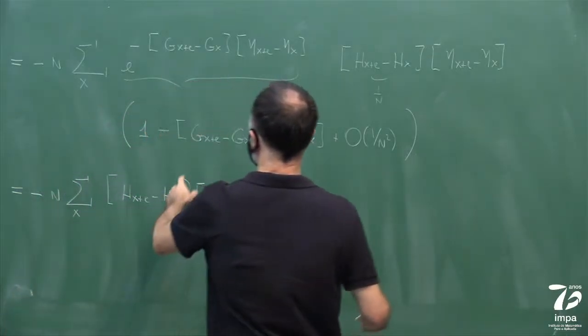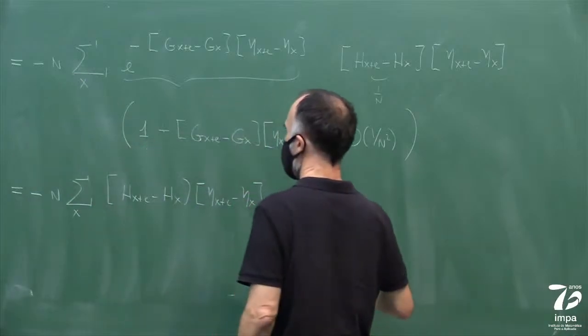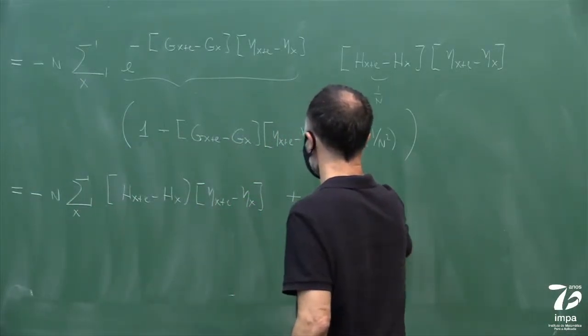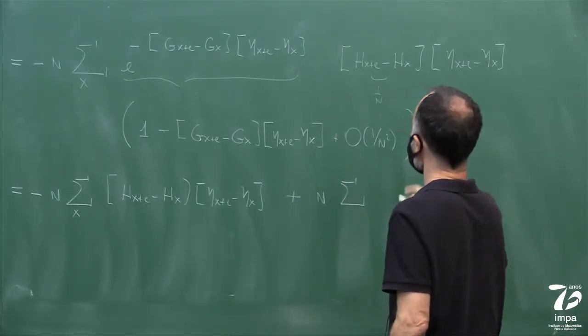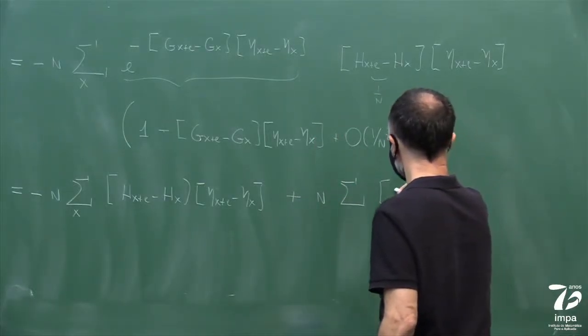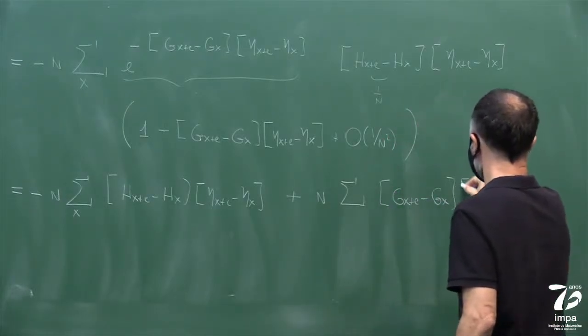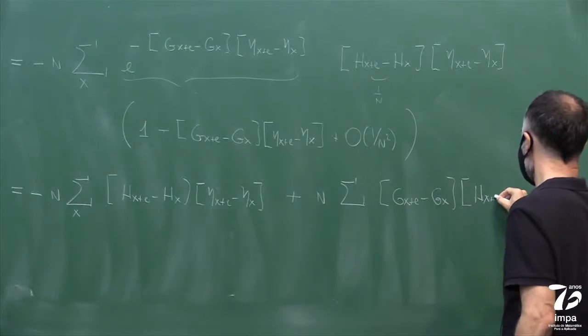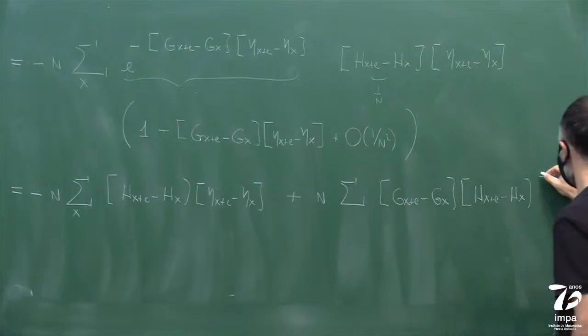So this is the first term, and then we have a second term in which we have minus with minus, so that's plus n. And in this term, I have gx plus e minus gx, hx plus e minus hx, and then the square.